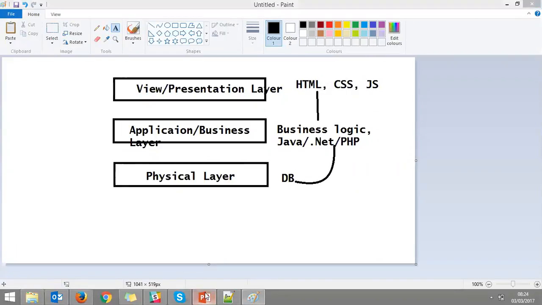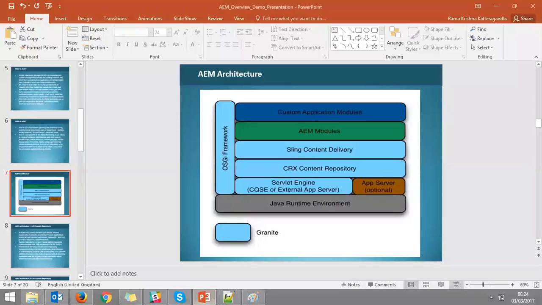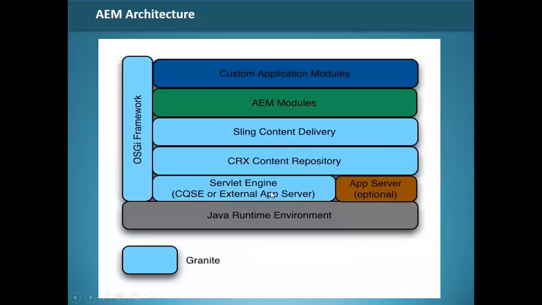So if I go to the same here, just forget about this JRE where we run our system and the servlet engine. Just keep this aside and take these three. They are different actually, that's server related things. So these are the main things. CRX, just imagine it as the physical layer, where all your content will be stored like a database.